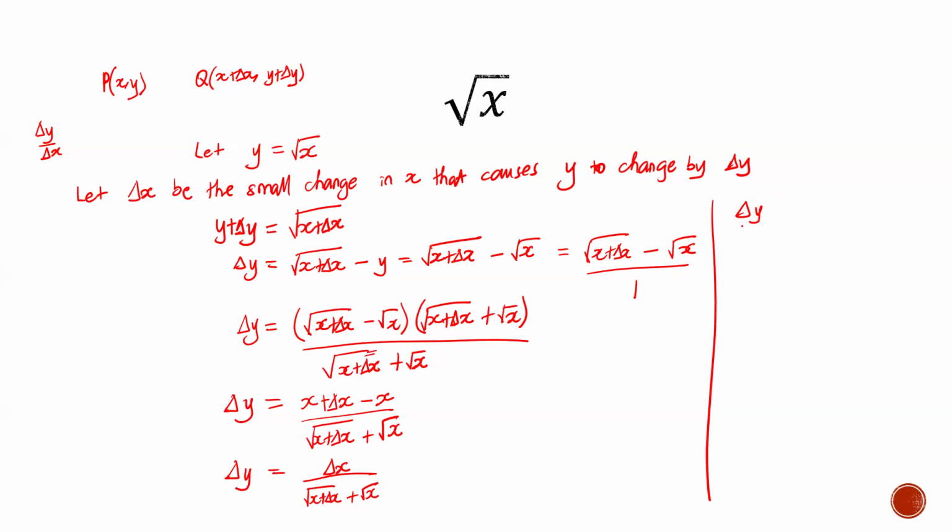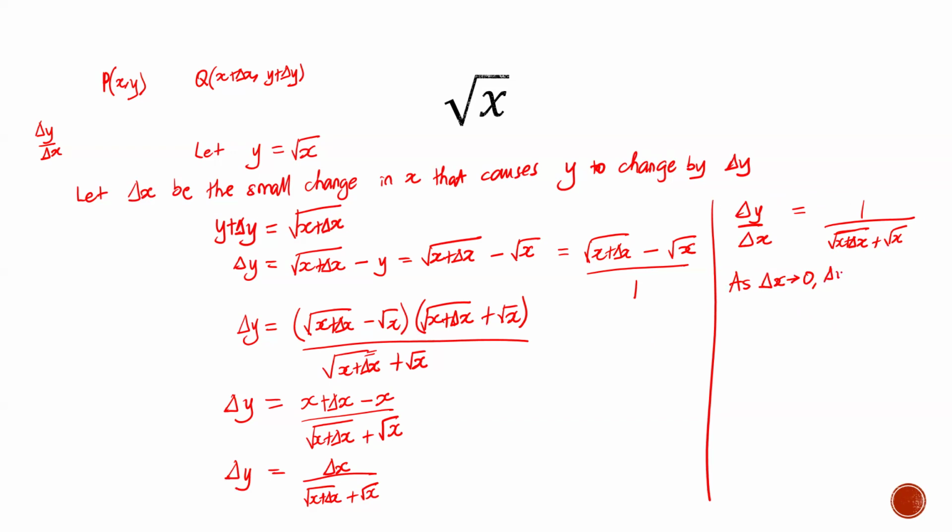What we want is delta y out of delta x. We realize that if we divide both sides by delta x, we'll have 1 out of the square root of x plus delta x plus the square root of x on the right-hand side. Now what do we know? We know that as Q moves closer to P, delta x tends to 0.